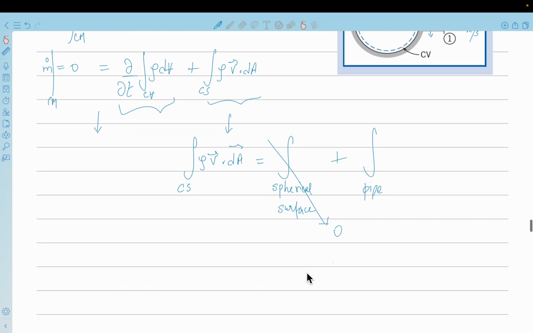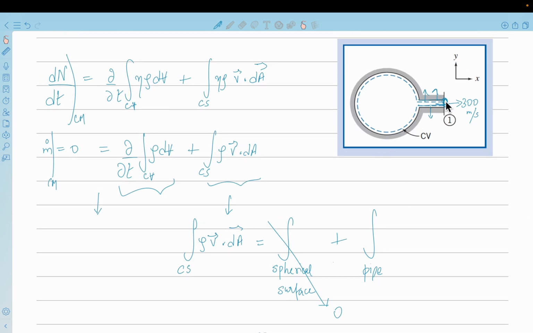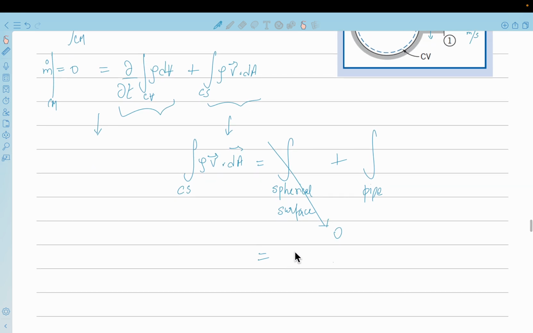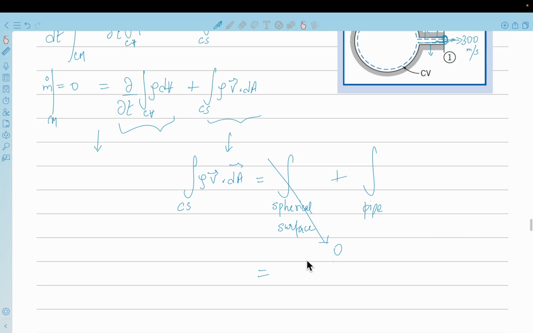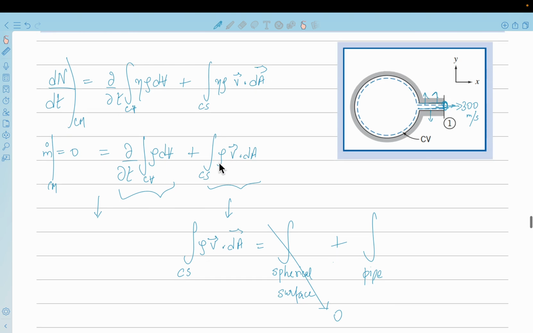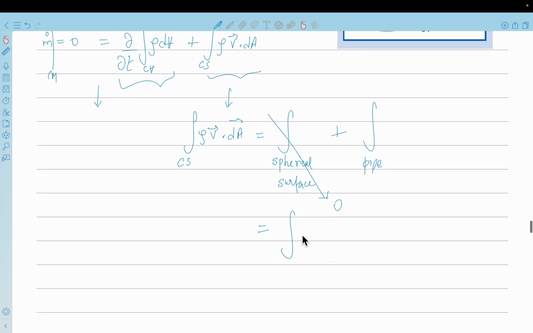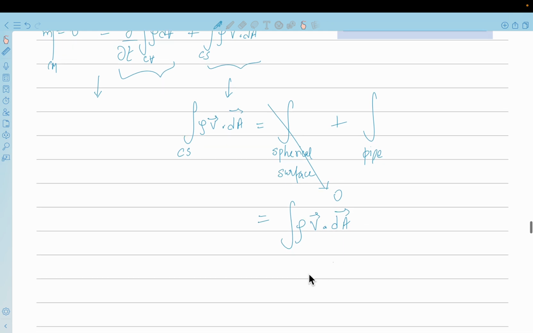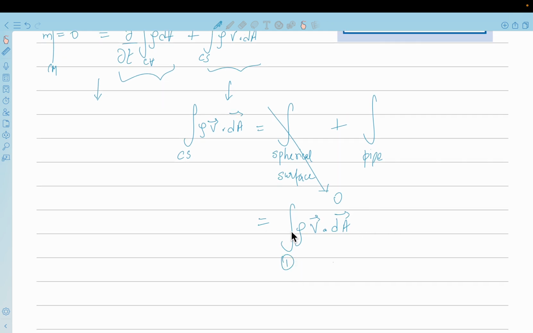Okay, so we can evaluate this. We know the velocity outwards, and we also know that n cap is outwards, so n cap is in this direction. So v dot n cap gives me positive, and what are we evaluating? ρ v dot dA. So we have to write ρ velocity into area at the location 1.